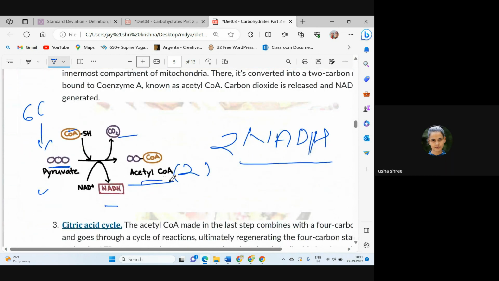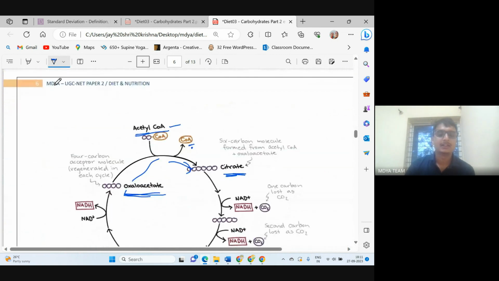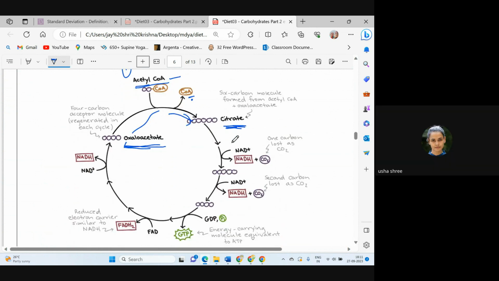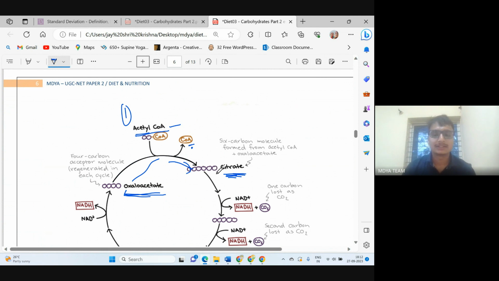It enters the Krebs cycle, reacts with oxaloacetate, and forms citrate. The molecules you have drawn will also be the same: the 4-carbon oxaloacetate combines with acetyl coenzyme A to give 6-carbon citrate. This circle denotes the number of carbon atoms.